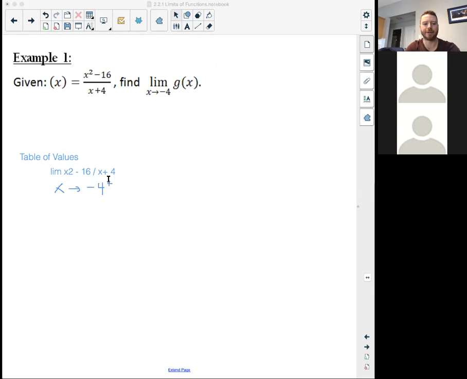If we have the plus side here, remember we're approaching from the positive side. So if we're going to do a table of values for x, and we're getting closer and closer to -4 from the right side, our table of values is going to be -3, -3.9, -3.99, -3.999.